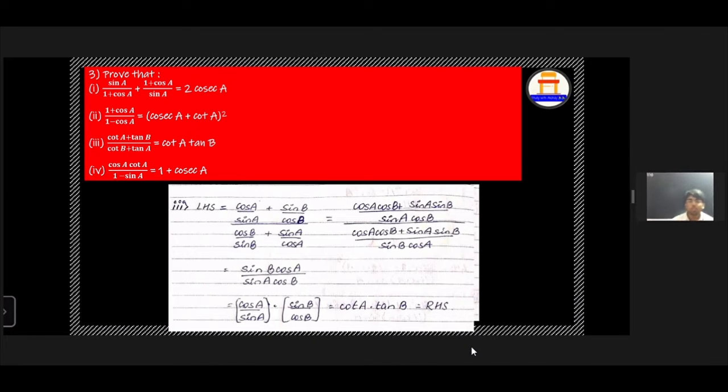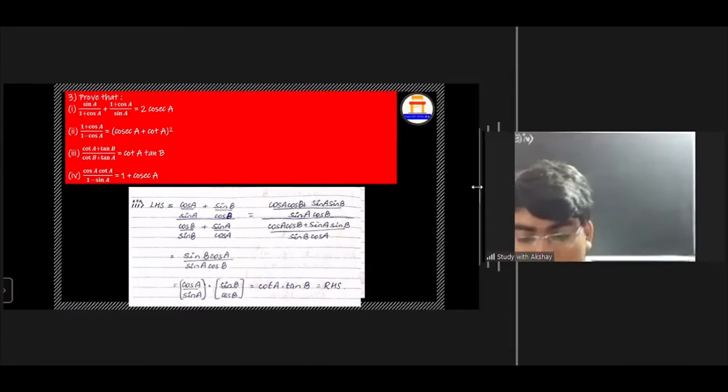Moving ahead with the fourth sub question under the main question, prove that cos A divided by 1 minus sin A equals 1 plus cosecant A. So obviously I will be taking LHS only because LHS is more complicated.